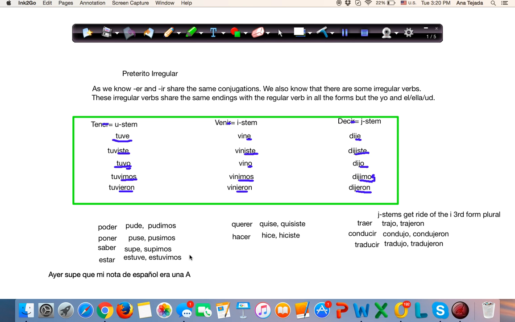So, ayer supe que mi nota de español era una A. Yesterday, I was aware or I knew that my grade in Spanish was an A.